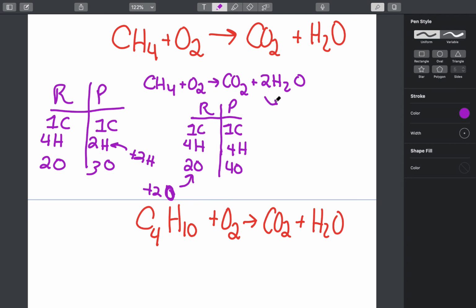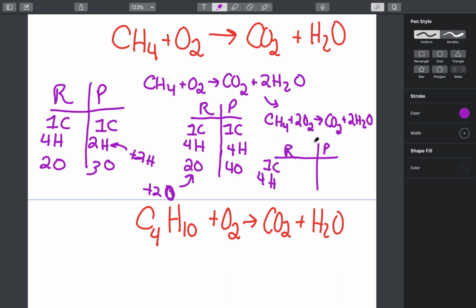And the only way that we can do that is multiply this O2 by 2. So when we do that, we get CH4 plus 2O2 goes to CO2 and 2H2O. So now let's see if this is balanced. So reactants, products, we get 1 carbon on the reactant side, 4 hydrogens, and 4 oxygens.